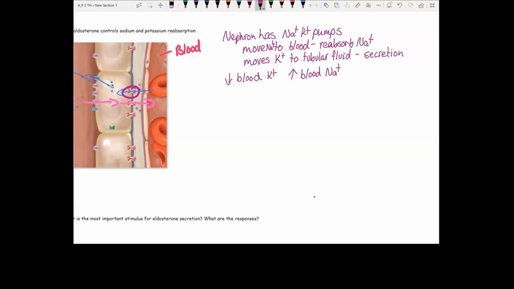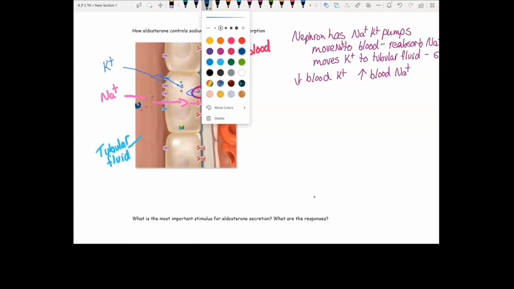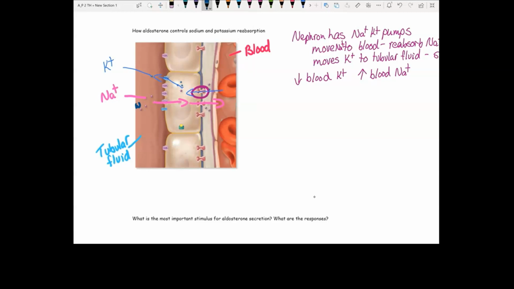Okay, now remember also that water is attracted to sodium. So when this sodium moves into your blood, water follows it. So water will be here following the sodium. So wherever the sodium goes, water follows, like Mary and her lamb.